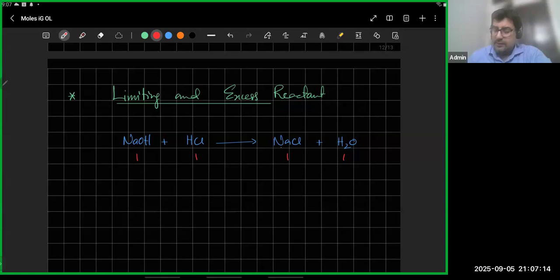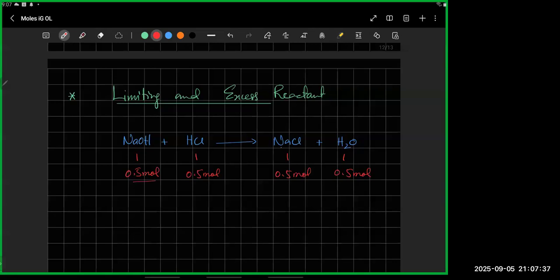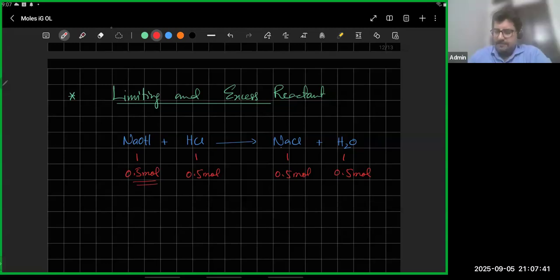So if I give you 0.5 moles, by using ratios you would know the other reactant is 0.5 moles, and the NaCl and the water produced are also 0.5 moles. That's what we did: if you know the moles of one thing, you can find all the others.